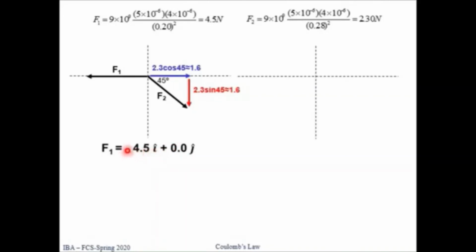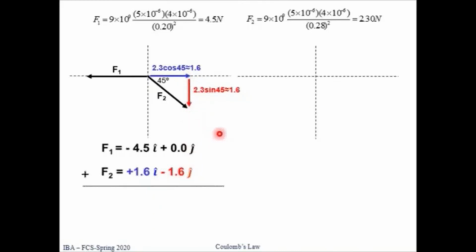The minus sign is coming here because F1 is along the negative x-axis, and no vertical component exists in F1, so we just put 0 j cap. And F2 is equal to plus 1.6 i cap minus 1.6 j cap, where the minus sign appears here because the vertical component is in the downward direction.